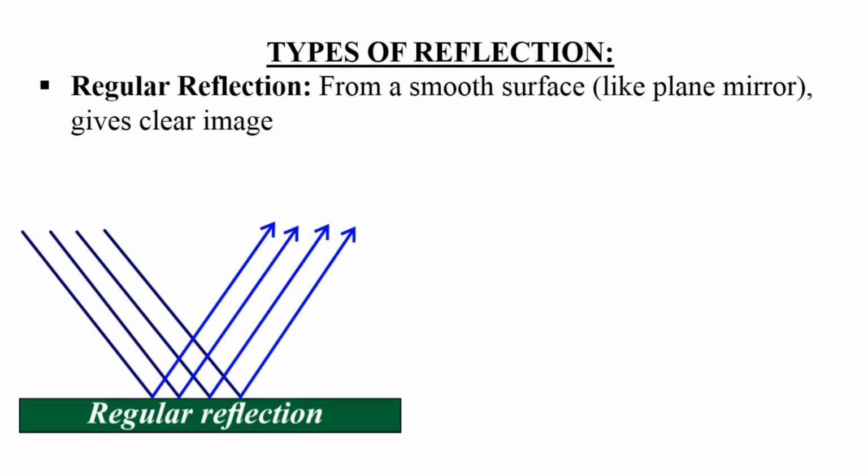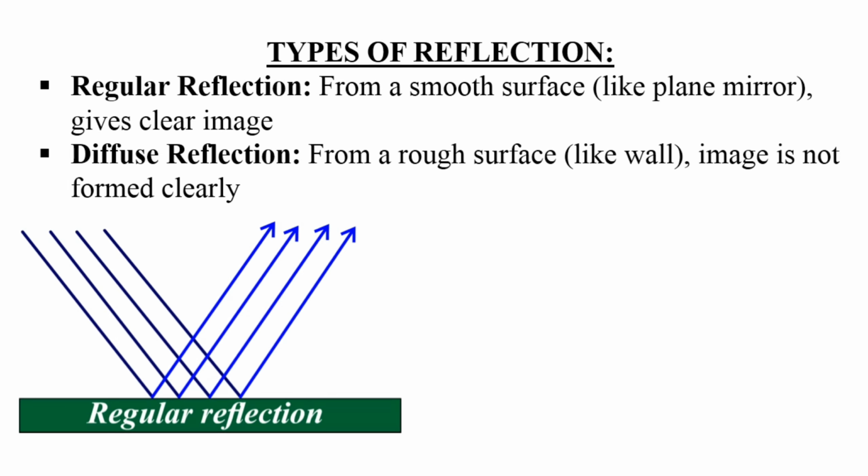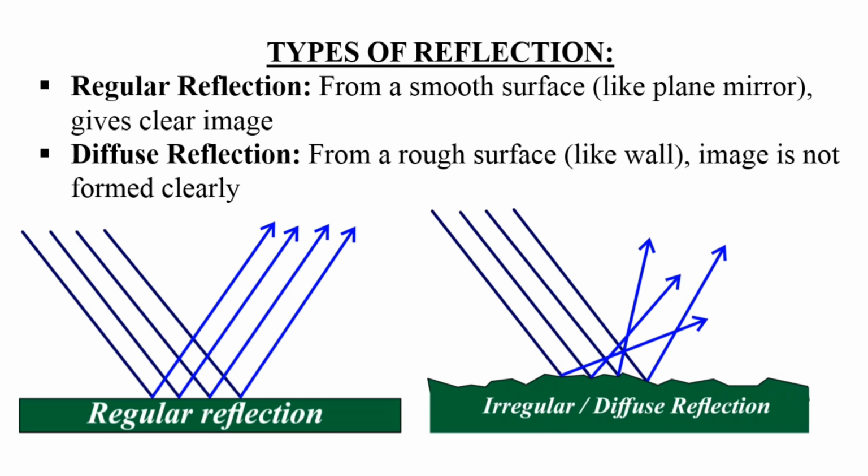And the next one is diffuse reflection. This happens when light hits rough surfaces like a wall or paper. Here the surface is not smooth. The reflected rays scatter in different directions, so the image is not clear or sharp.